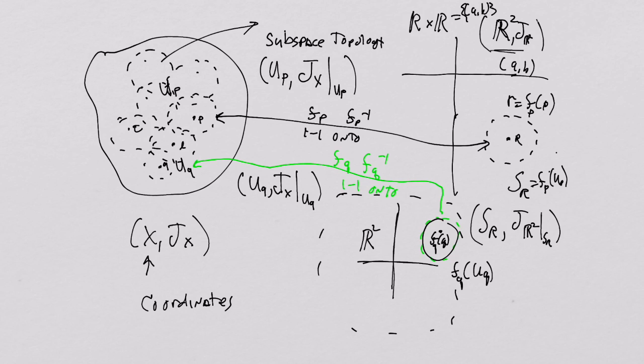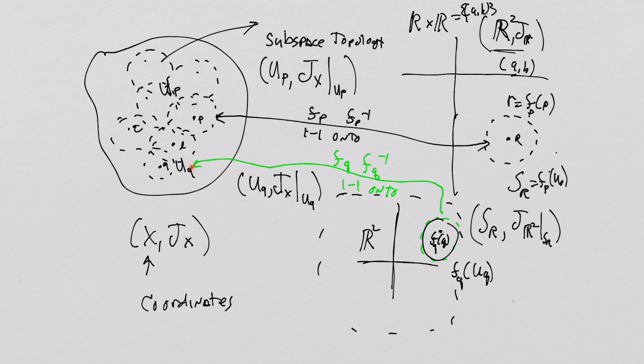So I've gotten to point P, and I've given it coordinates by this mapping, right? That's really where this is going. We are now applying coordinates to every one of these points through this mapping.